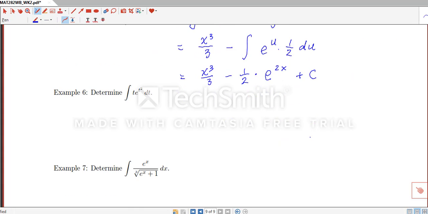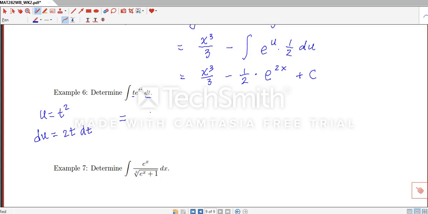Example number 6, we also need to apply the u-sub because we're dealing with a composite function. We will set u equals the exponent t squared. So du equals 2t dt. That means t times dt is 1/2 du.